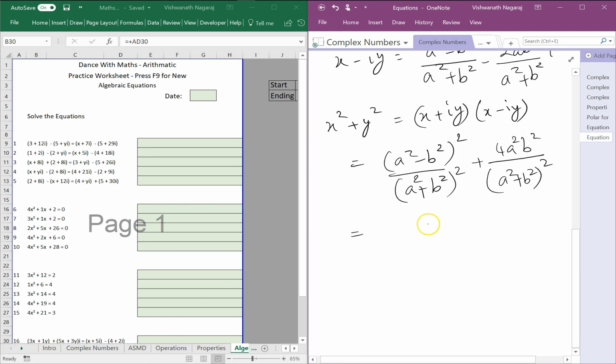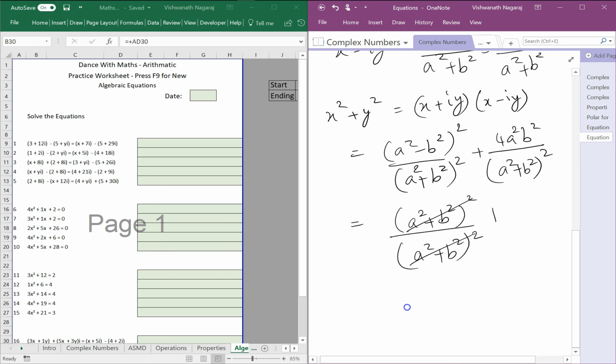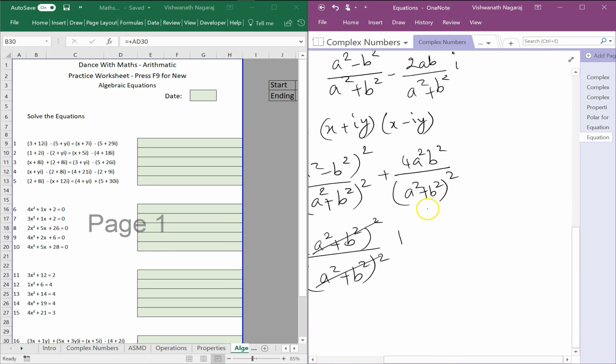Okay, now if we simplify it further, what do we get? a square plus b square the whole square divided by a square plus b square the whole square. So these two get struck off and you're left with 1. Okay, now here there are many steps which are missing.